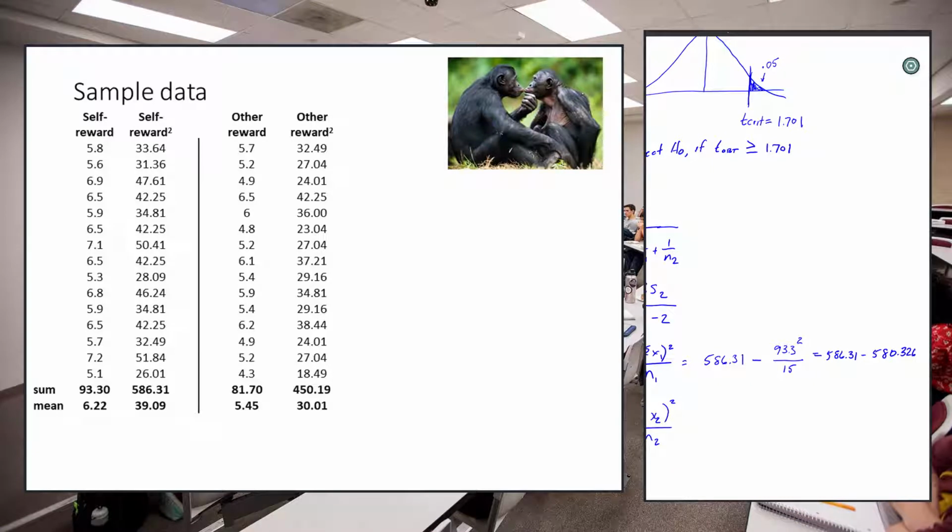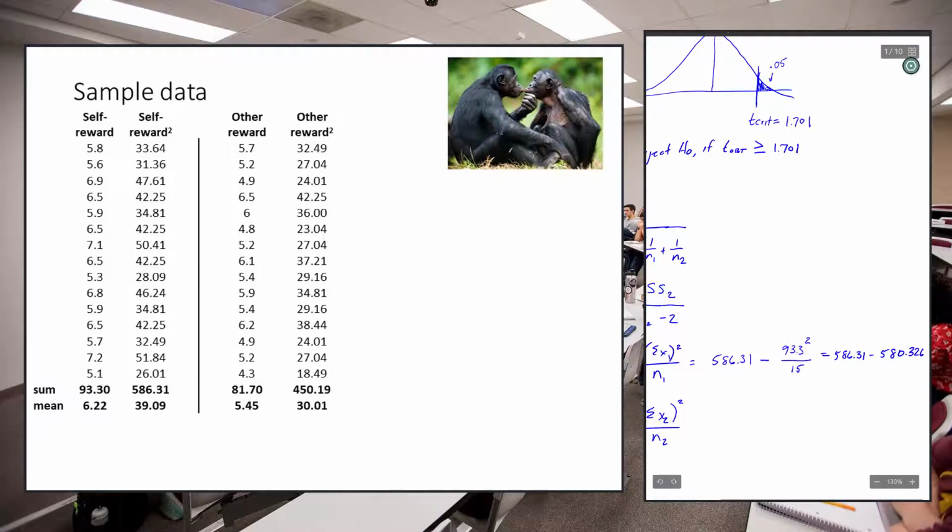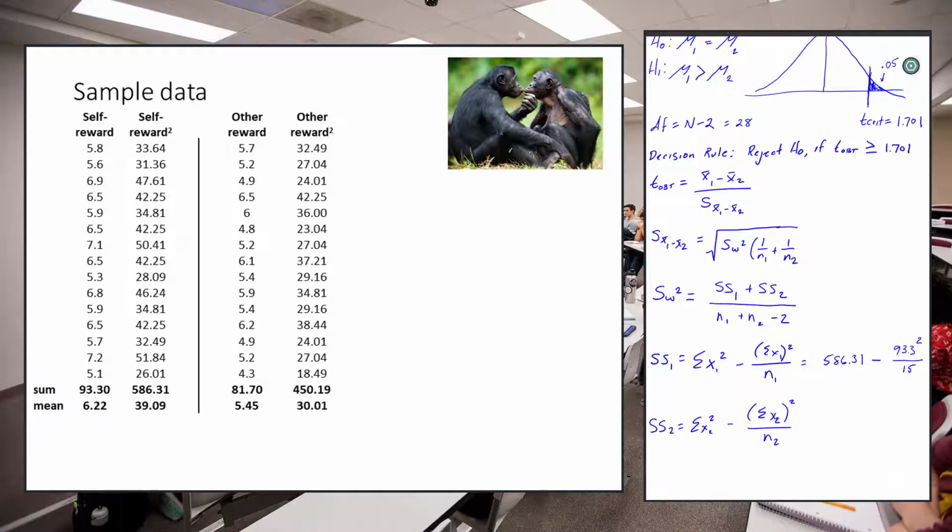And this is going to give us 586.31 minus 580.326. And so our sum of squares for sample 1 is equal to 5.984.